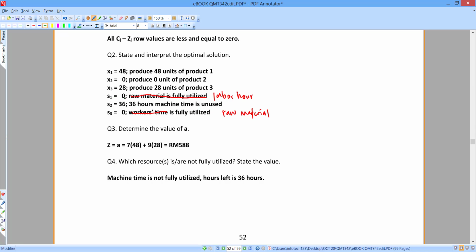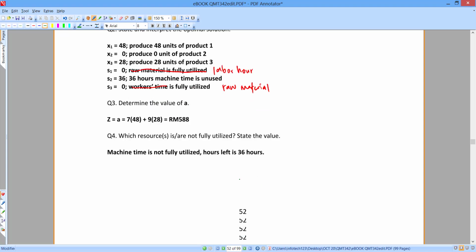So we have S1 0, S2 36, S3 0. So yang fully utilized is for labor and also raw material. Not fully utilized is machine time. The value left is 36 hours. Sebab unit dia in hours kan, time. So you have to mention 36 hours left.